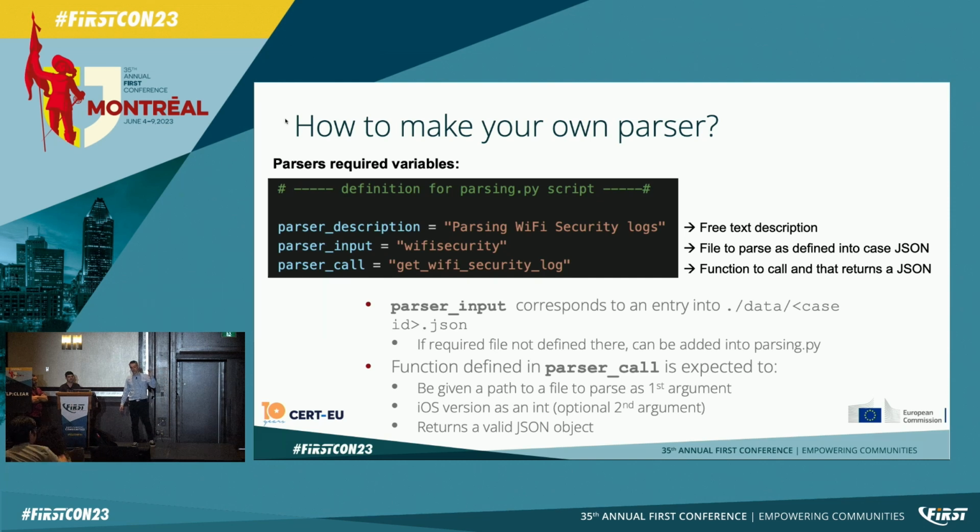And the call is which function you will call, knowing that this function should return a valid JSON object. Basically, what is returned by this function is what we will save in the JSON file on the system, so that it can be used later on by the analyzer.